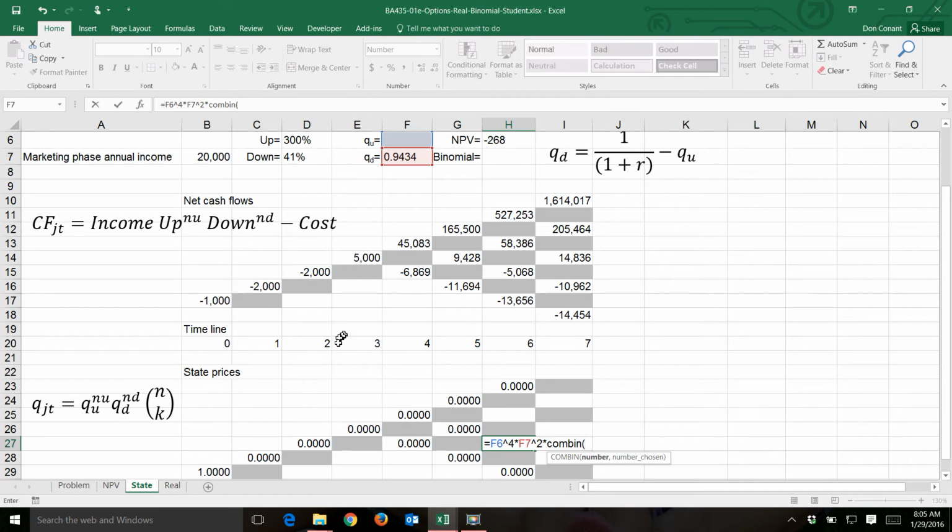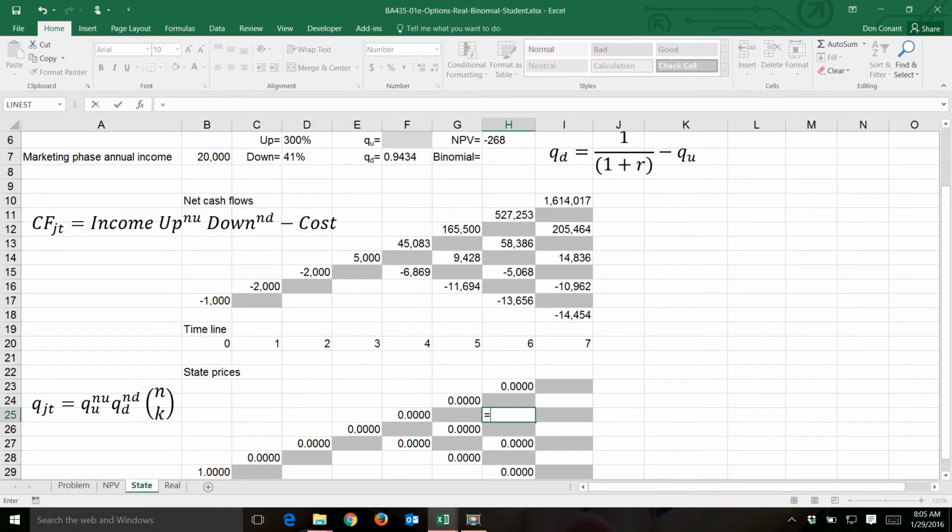We move over here to period 3, where we start the tree, and it's a 0, 1, 2. We are now in the 3rd period from period 3, so we enter a 3, comma. Then we're going to count up 0, 1. So k is 1. That provides that value. We press enter.